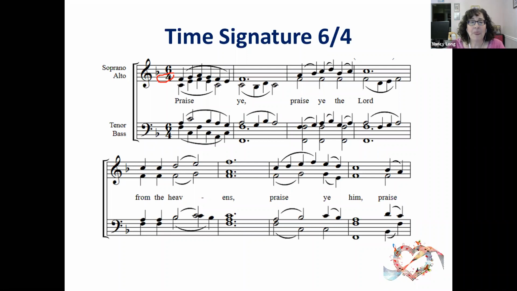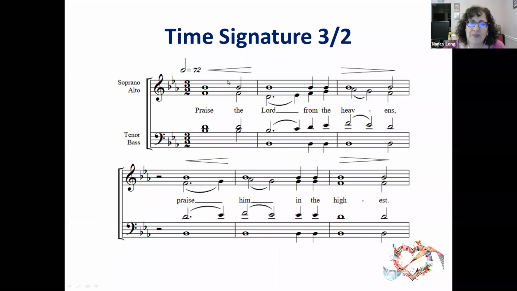But if you look at them, 6/4 is kind of equal to 3/2. So how many quarter notes are in one measure? 1, 2, 3, 4, 5, 6. Now we go back. How many quarter notes are in one measure? 1, 2, 3, 4, 5, 6.